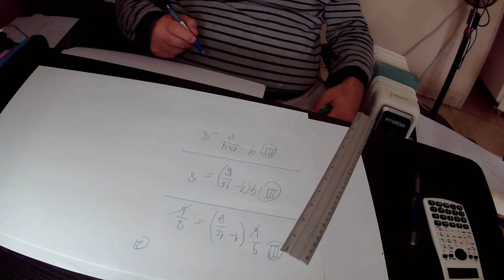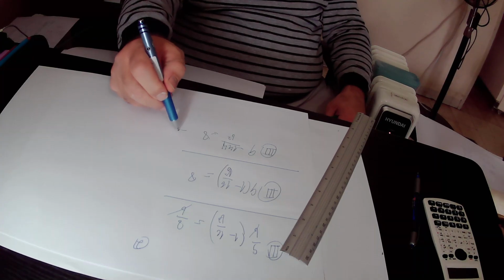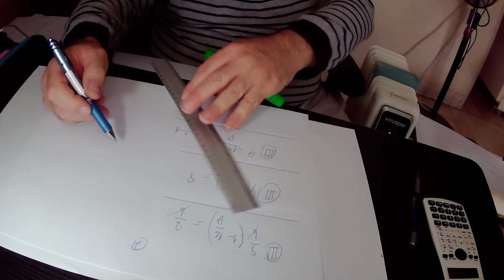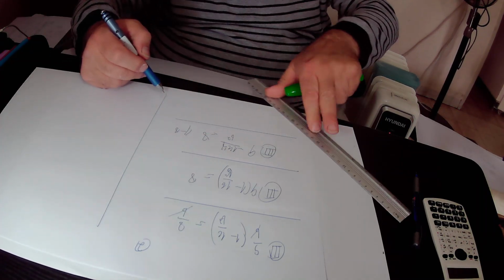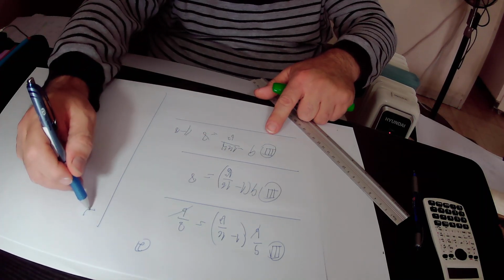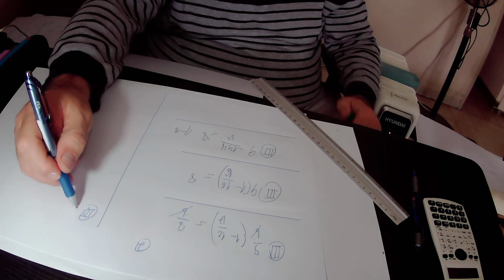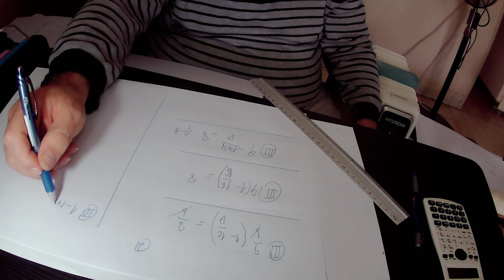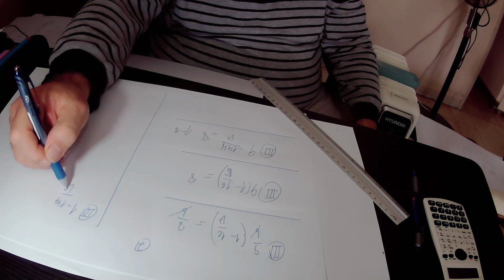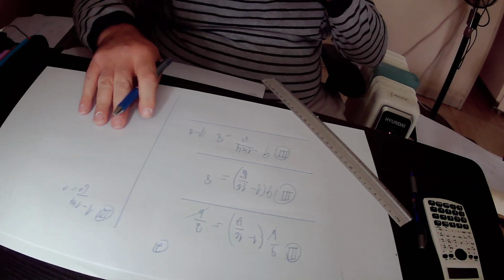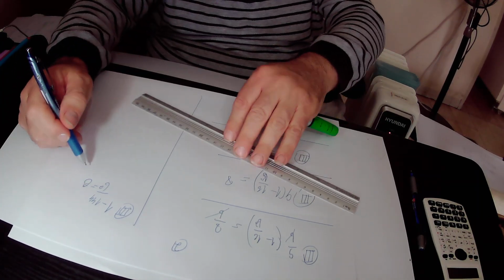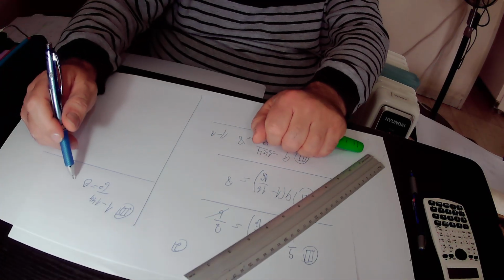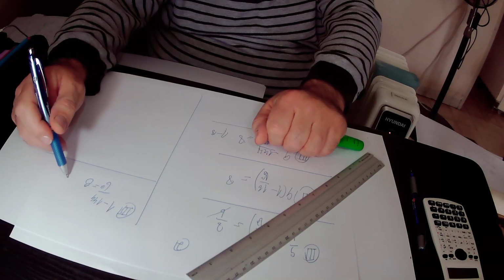Here we subtract 8 from the equation, and get that according to equation 3, 9 minus 8 is 1, minus 144 over b square equals 0. Here we add 144 over b square to the equation.